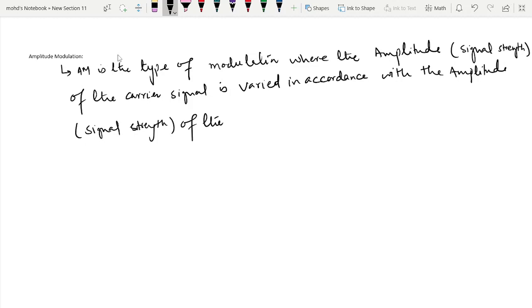So amplitude modulation is a type of modulation where the amplitude of the carrier signal is varied in accordance with the amplitude of the message signal.